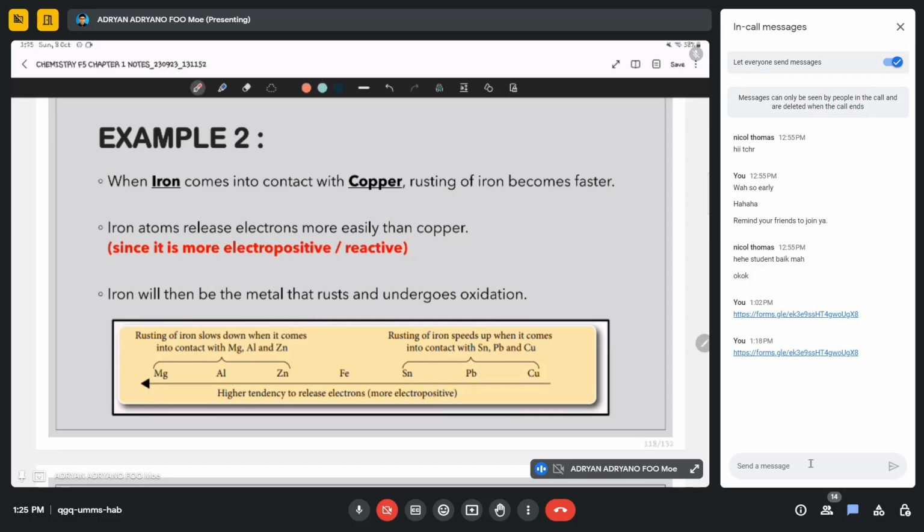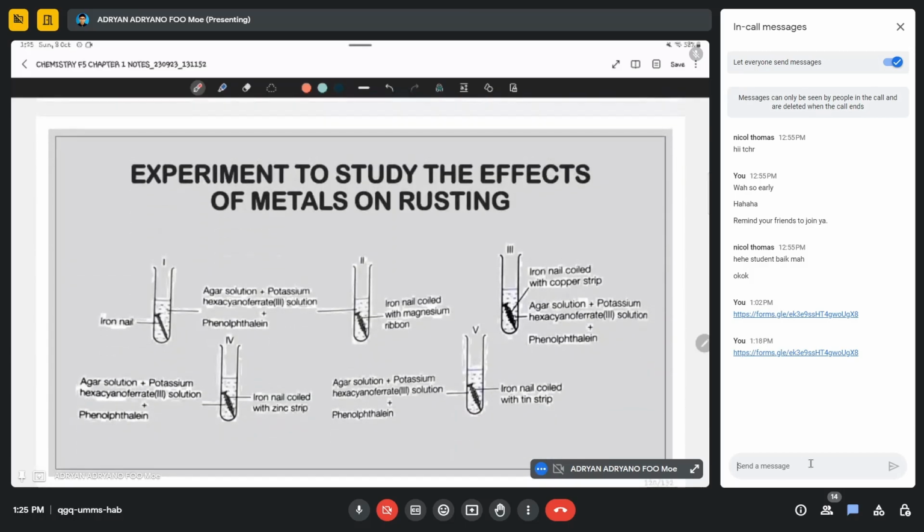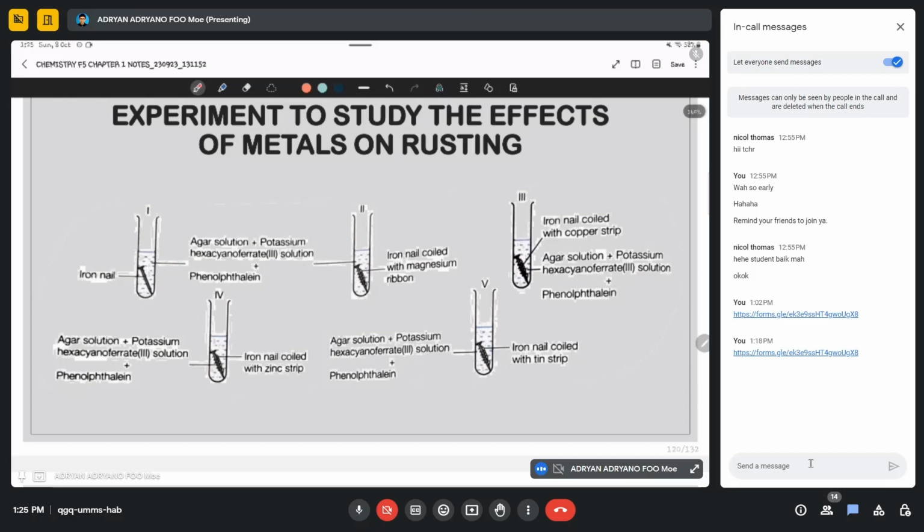So no matter what I give you, okay, example, I give you magnesium wrapped around it. Okay, let's look at the example. You see, the first test tube, iron nail, so basic, just rusting. The second one, magnesium. I know magnesium is above iron, so it takes over iron's role, so the iron nail will rust slower. Next, third test tube, it adds copper. Copper beats the iron: iron, can you be faster so I can get more electrons from you? It keeps beating the iron to release electrons and oxidize. So they will rust faster. How about test tube 4?